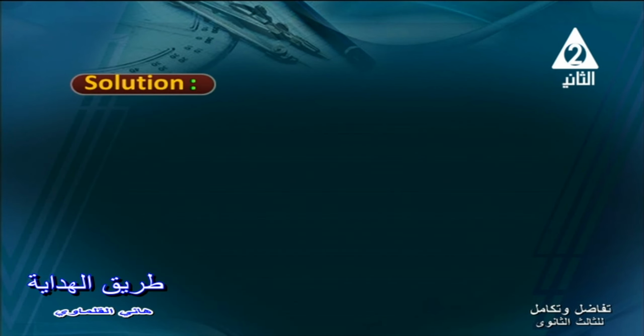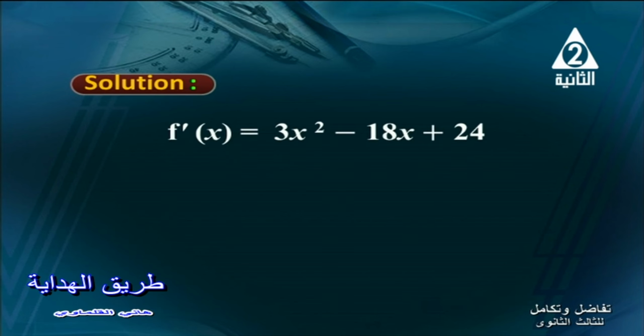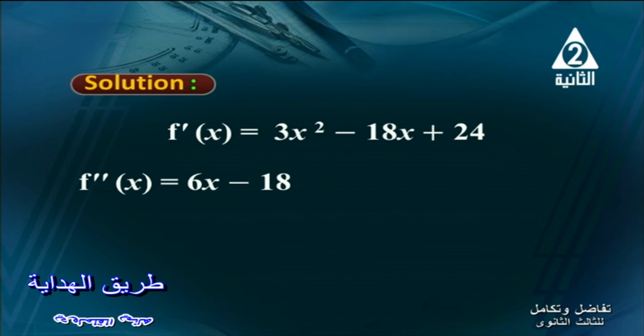To discuss the convexity of a function, we find the second derivative of this function. Let's start with the first derivative. f dash x equals 3x power 2 minus 18x plus 24. The second derivative, f double dash x equals 6x minus 18.